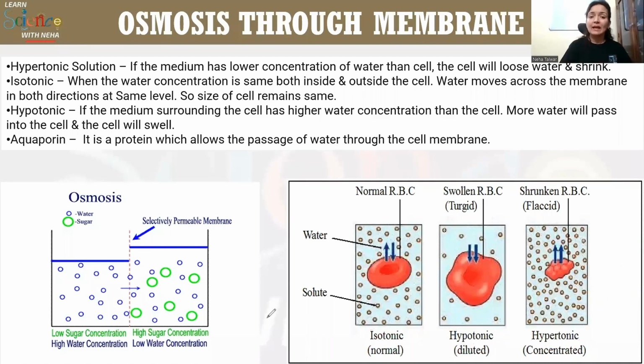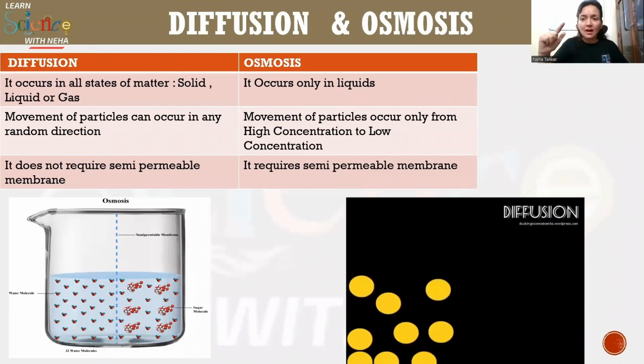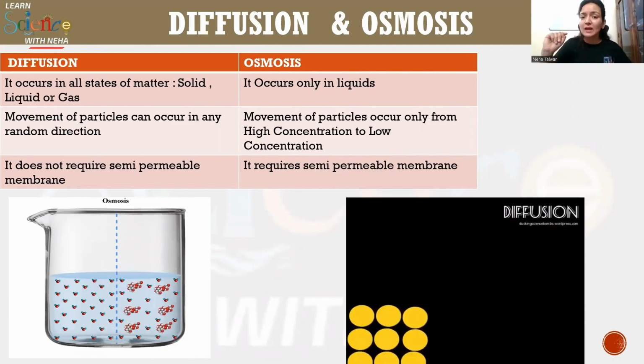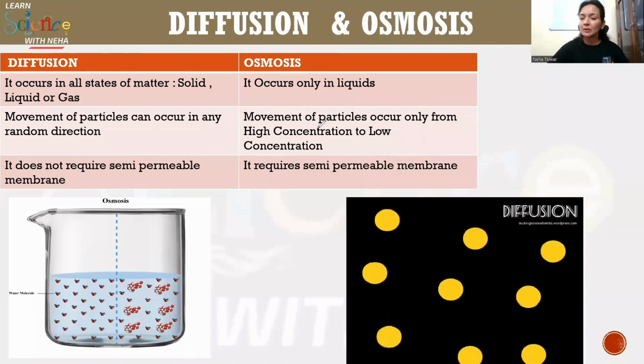And then comes the difference between osmosis and diffusion. Diffusion can occur in any medium, may it be solid, liquid, gas, but osmosis will occur only in liquids, number one. Number two, movement of particles will be random in diffusion. That means particles move here and there without any particular direction, a zigzag movement.